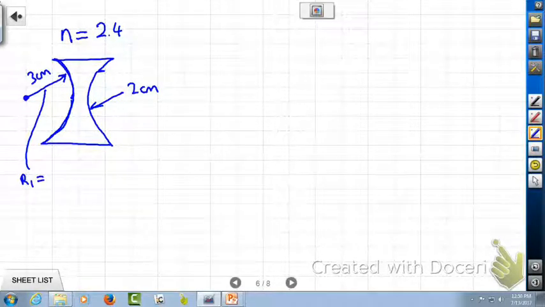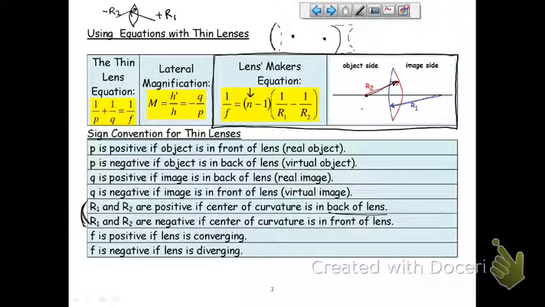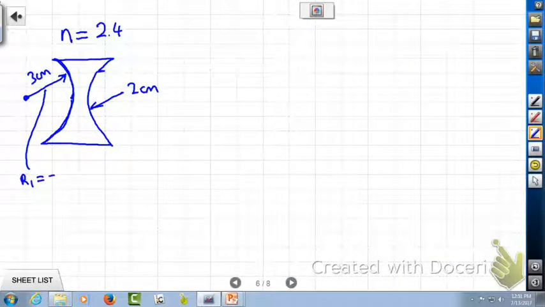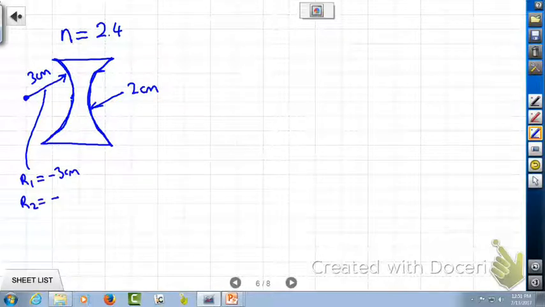So look at the system: R1 is positive if the center of curvature is at the back, and negative if the center of curvature is at the front. So that's going to be minus 3 centimeters. This one here is R2, equals positive 2 centimeters.